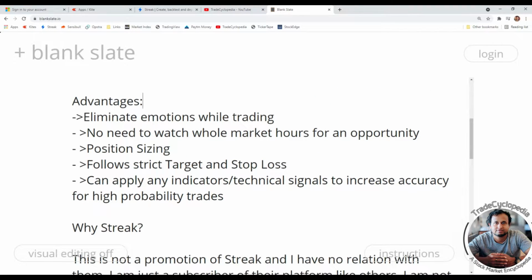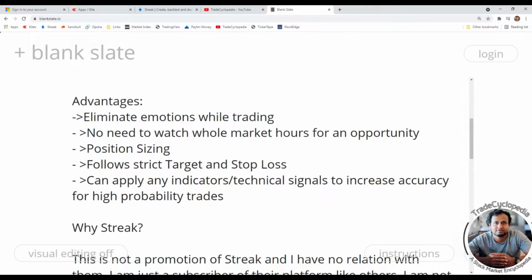And the other one is we can apply any indicators or any technical signals to increase accuracy for high probability trades. For example, we can code a lot of indicators like moving average, stochastics, RSI, any sort of indicators or volume. We can consider VWAP, we can add anything into our strategy.